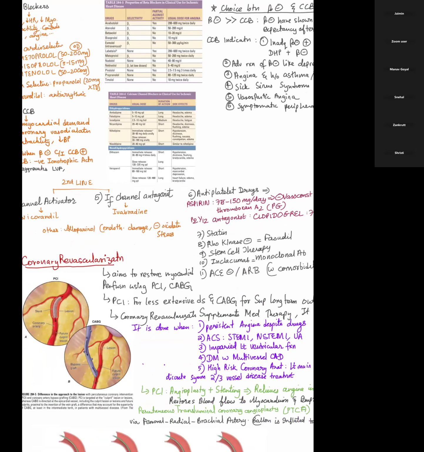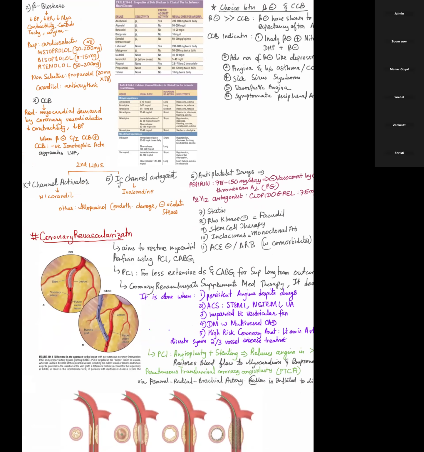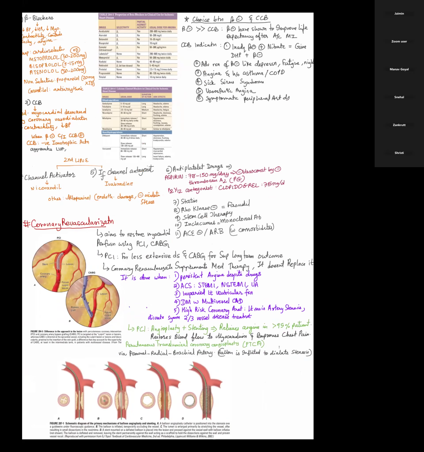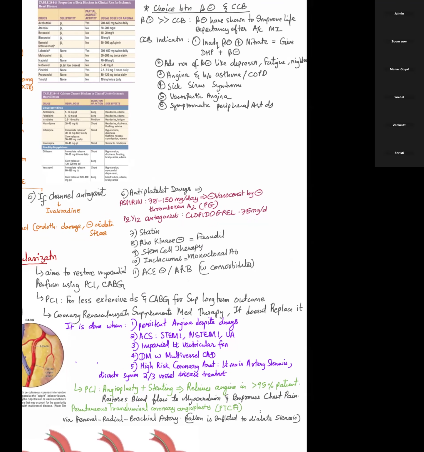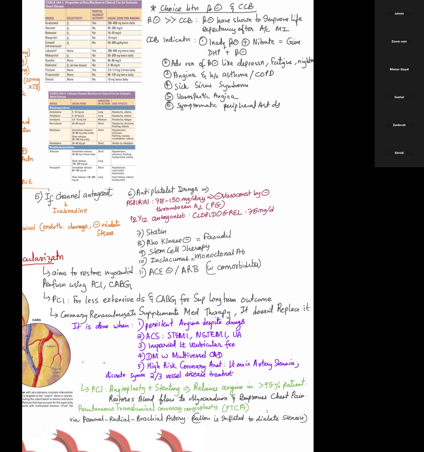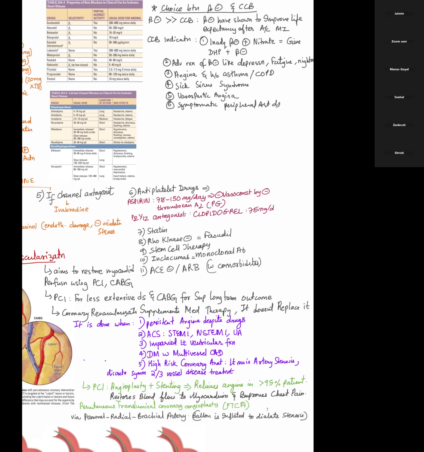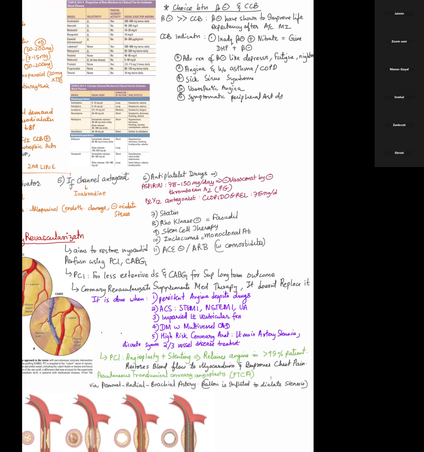तो चॉइस कैसे करेंगे? तो बीटा ब्लॉकर ज़्यादा हम प्रिफर करते हैं, क्योंकि स्टडीज ने शो किया कि वो लाइफ एक्सपेक्टेंसी को ज़्यादा इम्प्रूव करता है। और सीसीबी को हम तब यूज़ करते हैं जब बीटा ब्लॉकर हम यूज़ नहीं कर सकते, जैसे कि अस्थमा हो गया, और नाइट्रेट्स के साथ हमको ऐड करना है जब यूज़ करना है, और अंजाइना and history of asthma, COPD, sick sinus syndrome, vasospastic angina, symptomatic peripheral artery disease है, तब CCBs are more indicated.